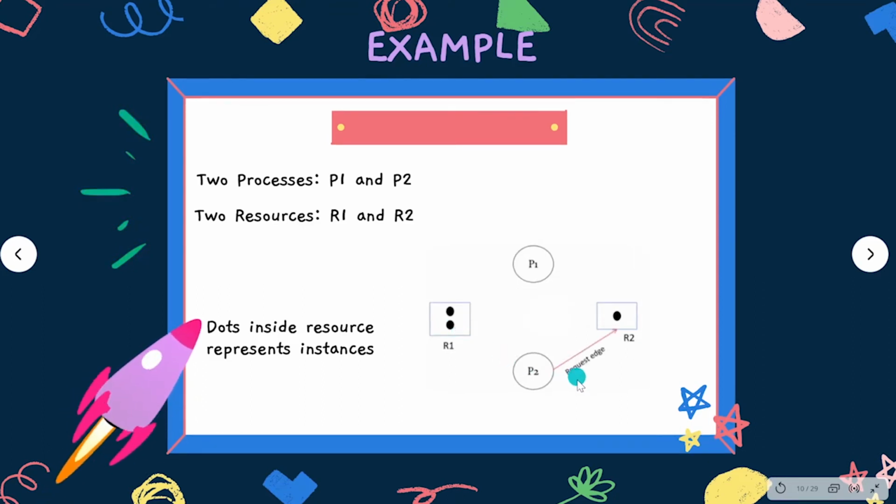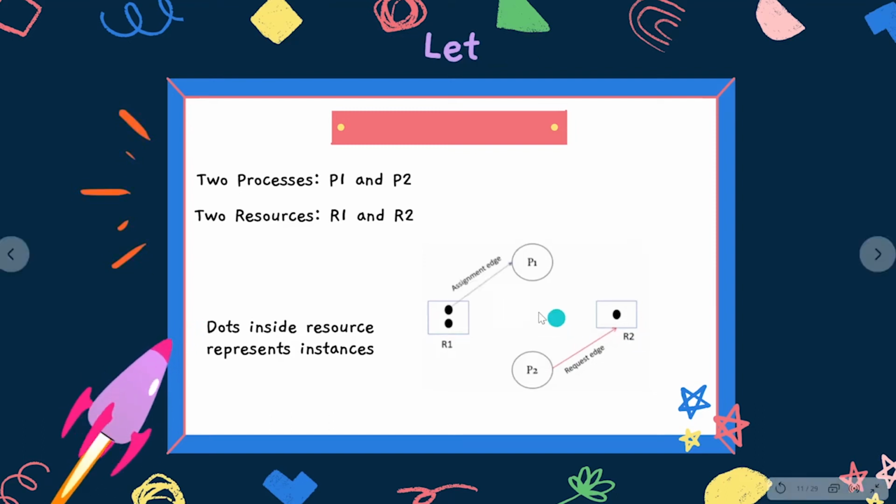Okay, so here this is a request edge. This is because process P2 is asking for an instance of resource R2. Here we'll see an assignment edge, where an instance from resource R1 is being passed on to process P1.